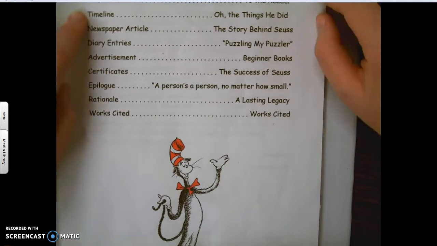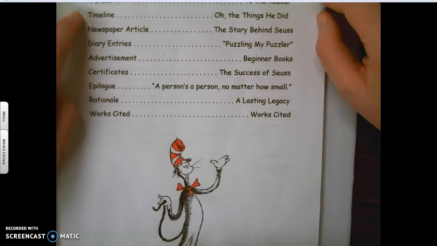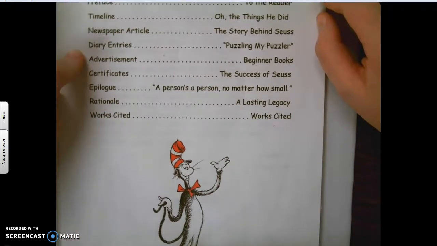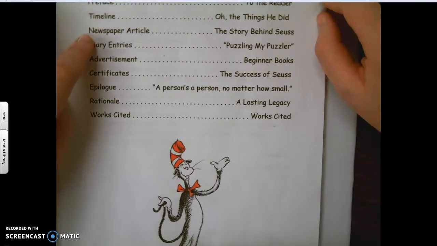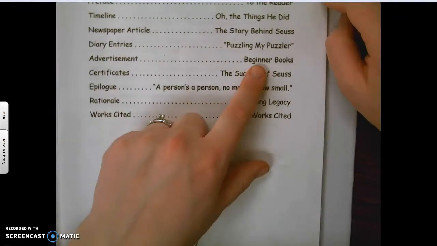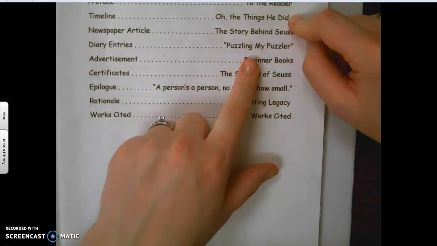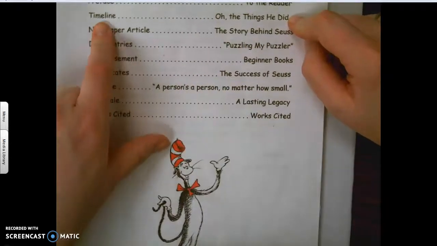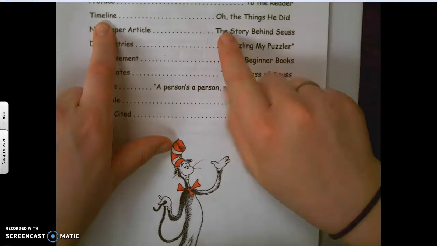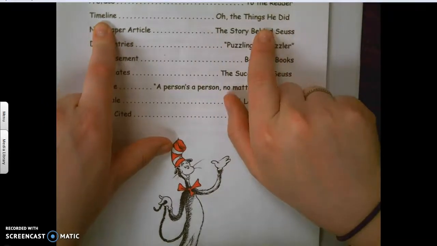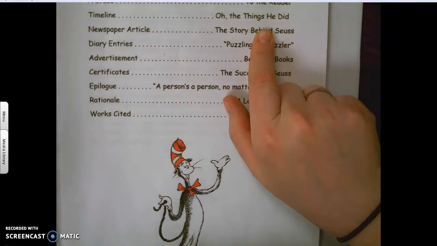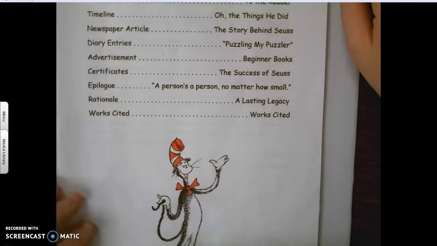On the left-hand side, you're going to put the title or the type of genre, so your preface, your timeline, your newspaper article. On the right-hand side is where you're going to put the title that you've come up with to uniquely name each one of those genres. For instance, this timeline, which is the type of genre, is called Oh, the Things He Did, which is a clever title that talks about all the different events that took place in Dr. Seuss's life.